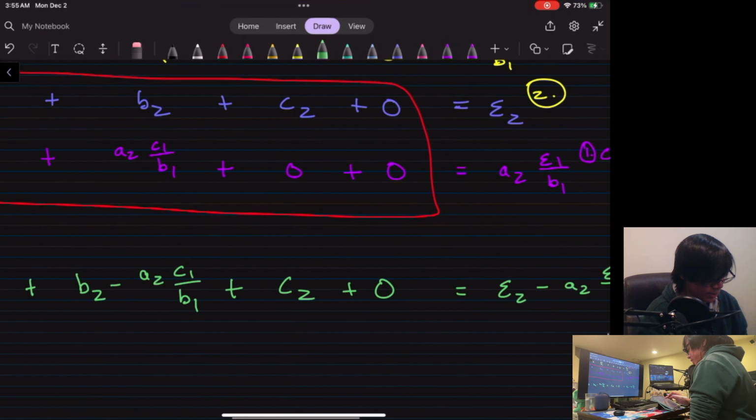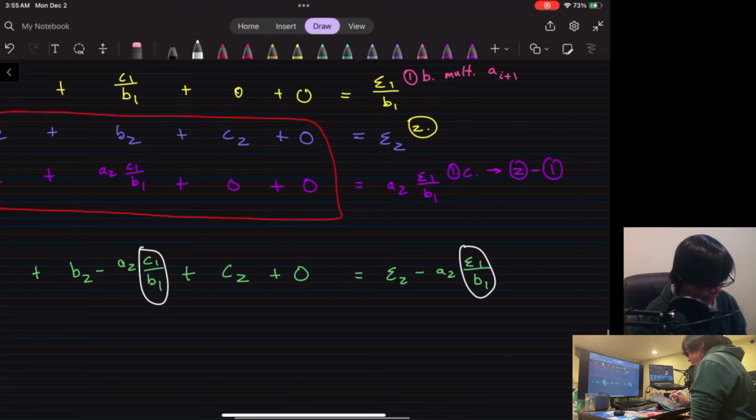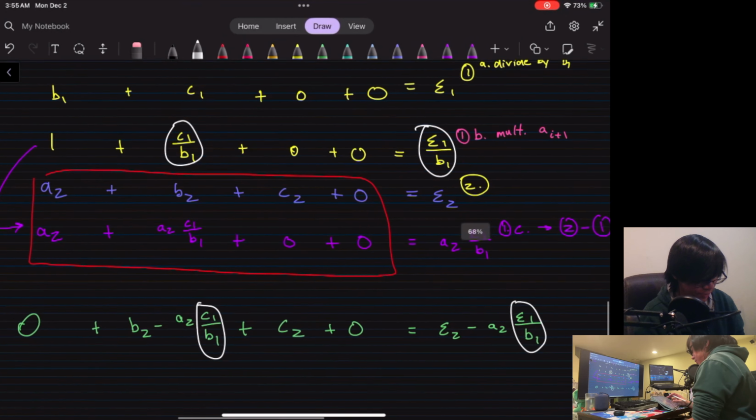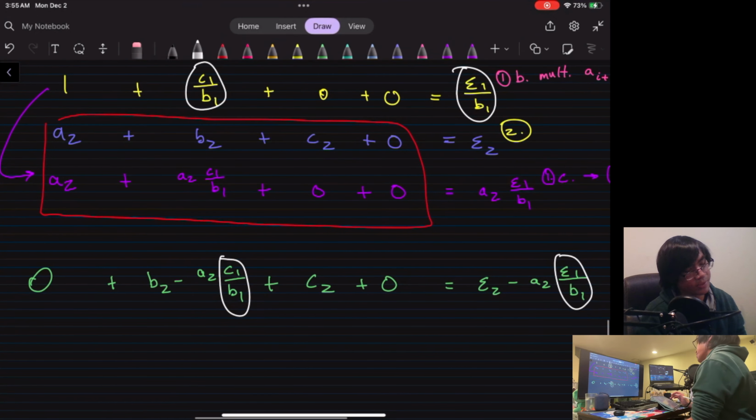Notice that these values are coming from the previous step. This was our third step, and these values are coming from the second step. You'll notice this also keeps iterating.